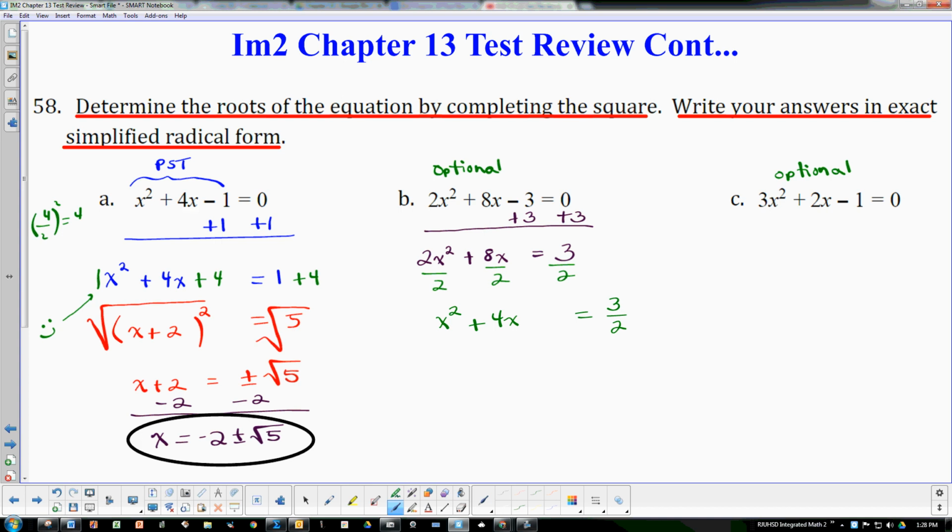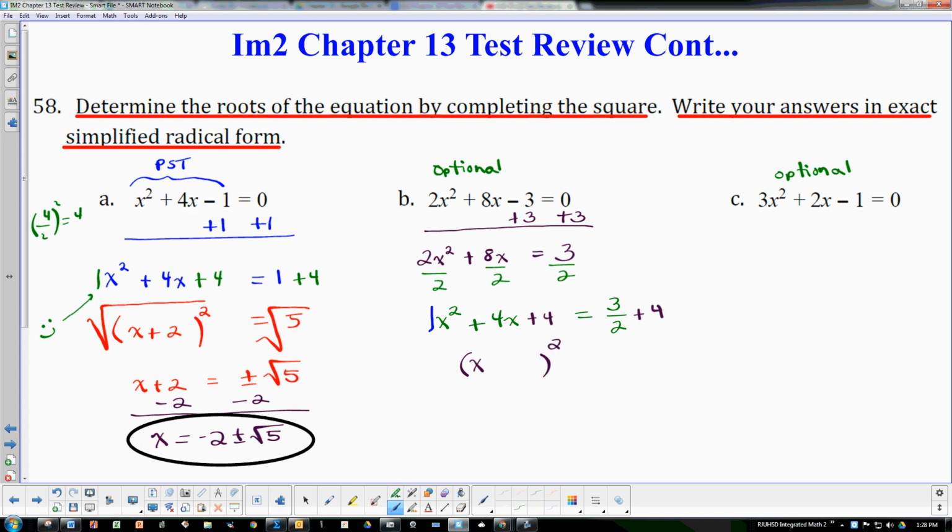Now, at this point, I have this leading coefficient of 1, so that gives me the right to divide the middle term in half and square it. Well, 4 cut in half is 2, squared is 4, so I'm going to add 4 here, and then I can add 4 here. We can factor this into a binomial squared.